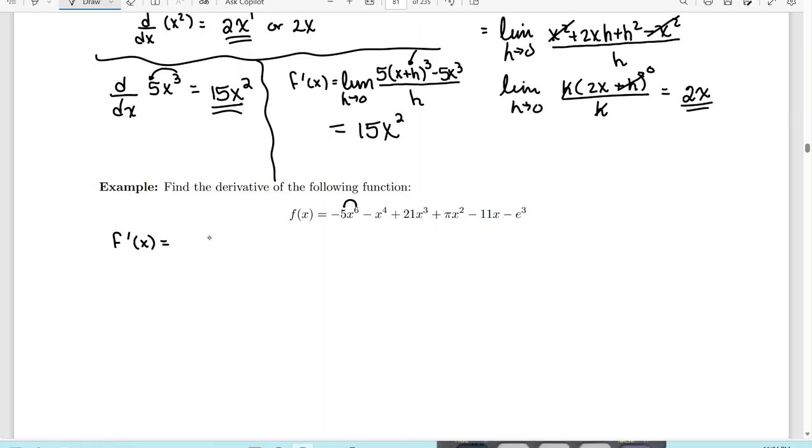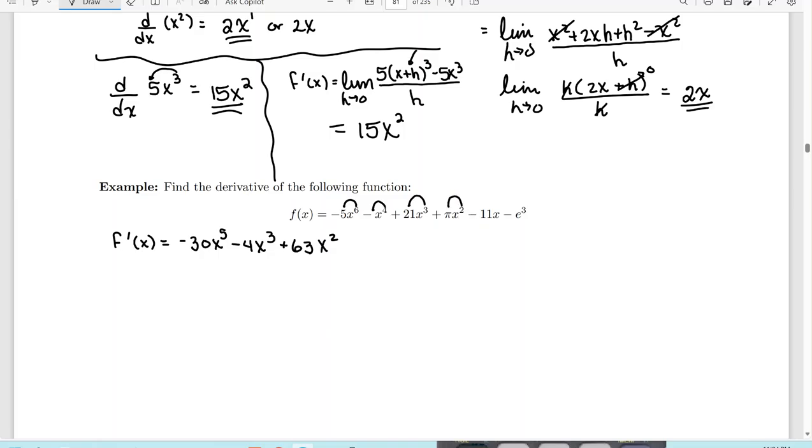Pull the power down in front, multiply it times the negative 5, and decrease the power by 1. Pull the power down in front, decrease by 1. Pull the power down in front, and decrease by 1. Pull the power down in front.